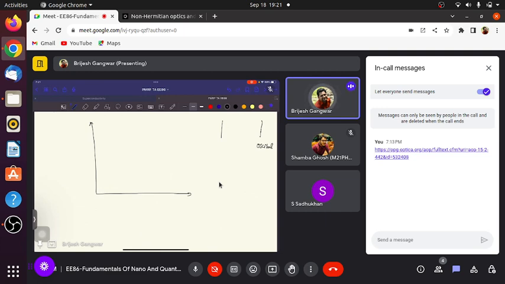Let's say its oscillating frequency is omega 0, and it has two types of loss: one is non-radiative loss, and one is radiative loss. So you can write gamma equals gamma nr plus gamma r for this oscillator.